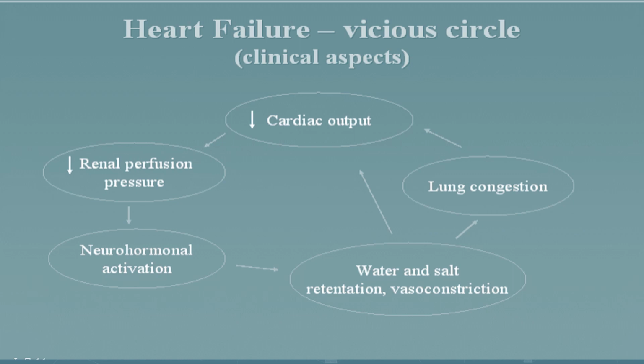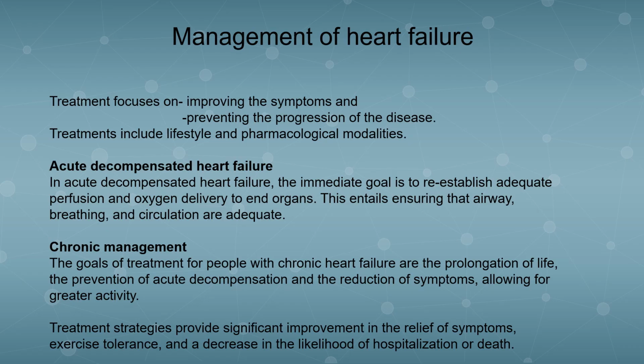And even you require to give some inotropic drugs naturally, because as the cardiac output is decreased, these are the drugs that should be given, right? So you require to give some inotropic agents which will increase the pumping action of the heart.